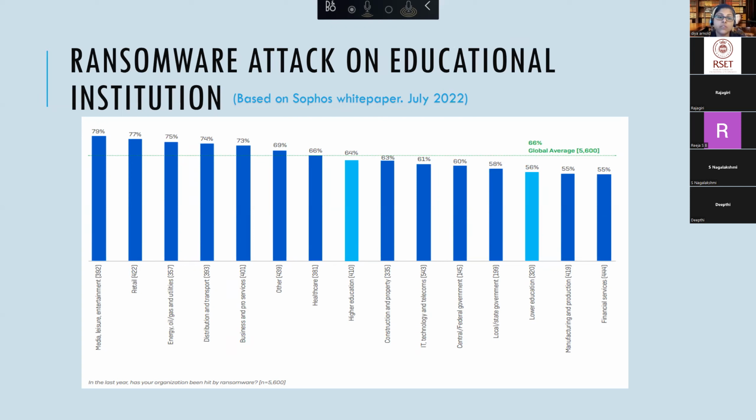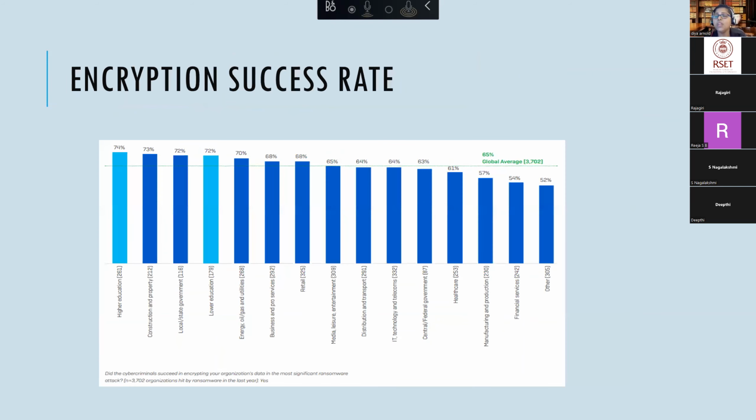You can see around 64% of higher education and 56% of lower education suffered a ransomware attack in the last year. And this is from a sample of 5,600.